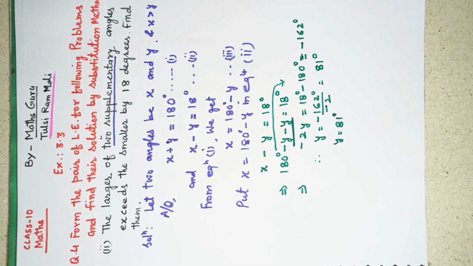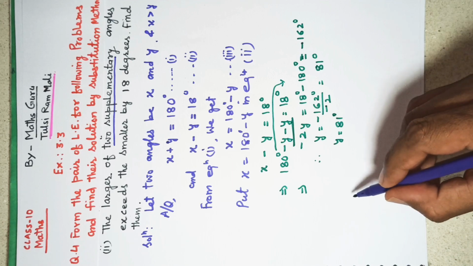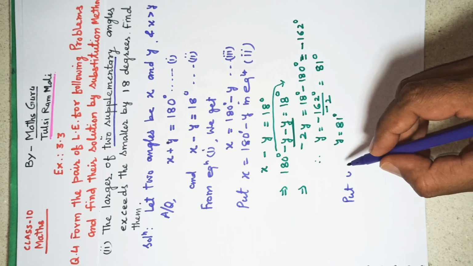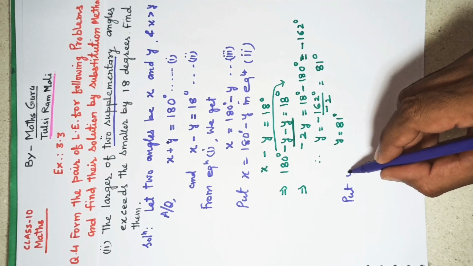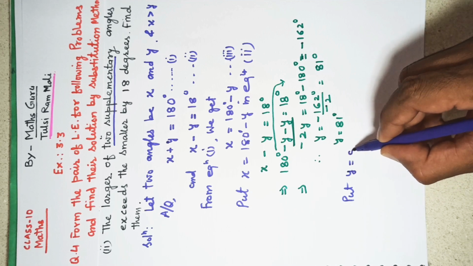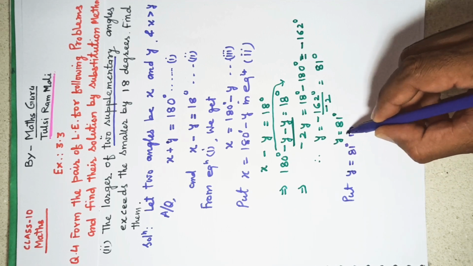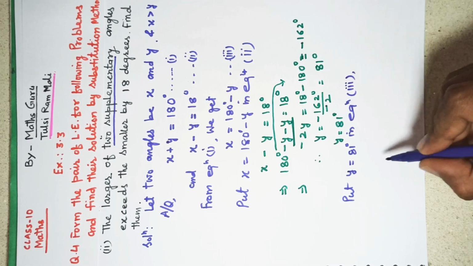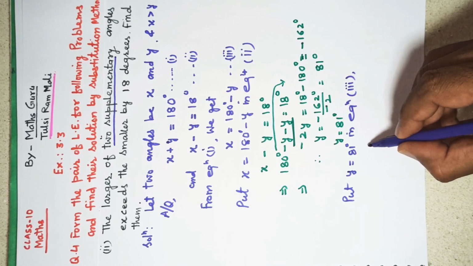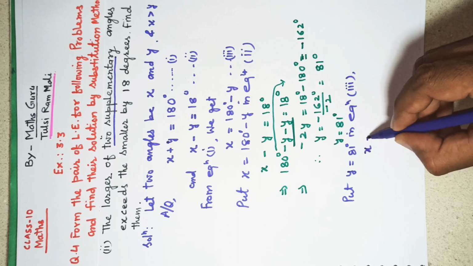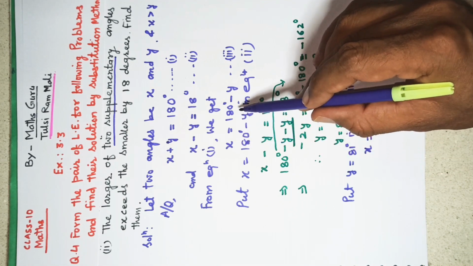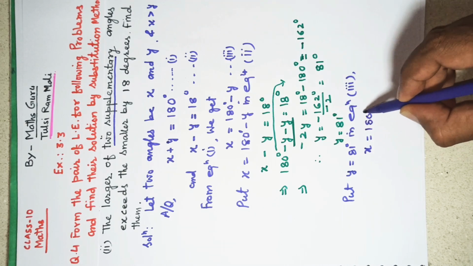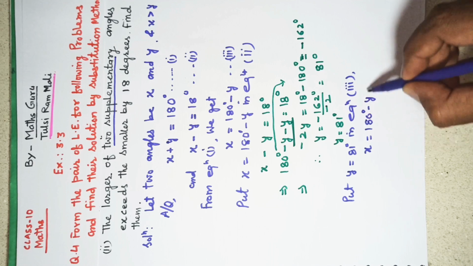Clear? Now put the value of y is equal to 81 degrees in equation number 3. When you put in equation number 3, then what will you get? X is equal to 180 degrees minus y.